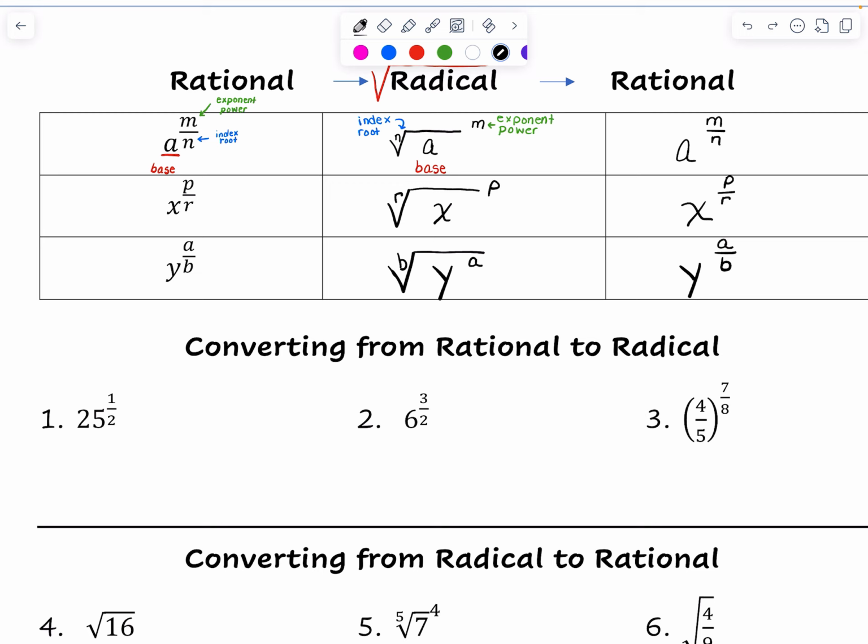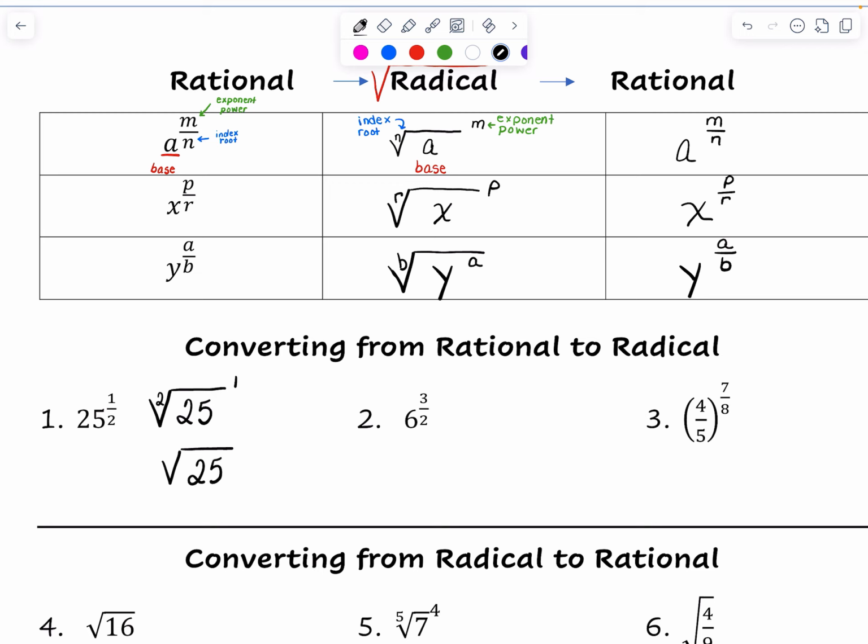I just want to practice writing it. So 25 to the 1/2 power, I may not know. But if I rewrite it as a radical, maybe I will know it. So if I do 25 to the exponent of 1, and then the index of 2, or the root of 2, that is really written like this.